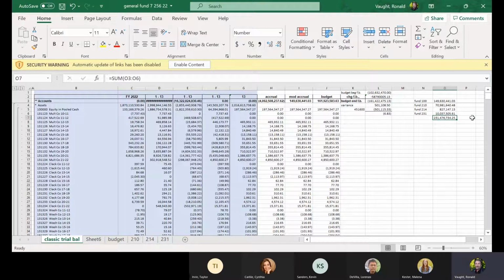Well, this ties out to audit schedule 107. So again, you can go to the GAAP group code page in 107 and compare the assets and liabilities.